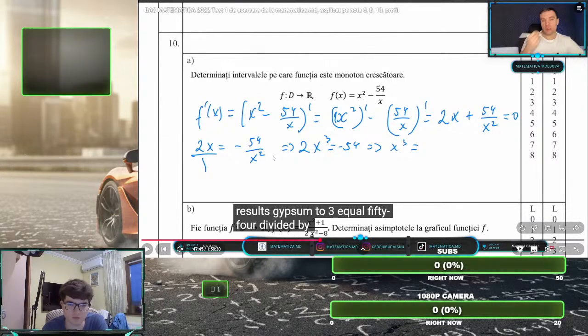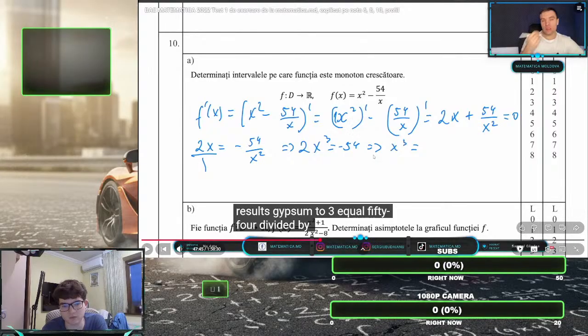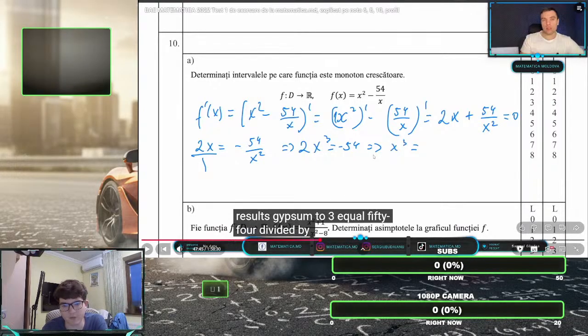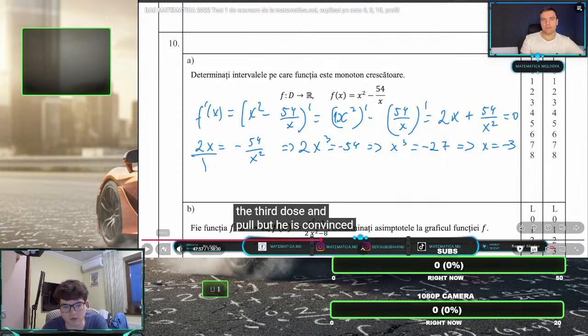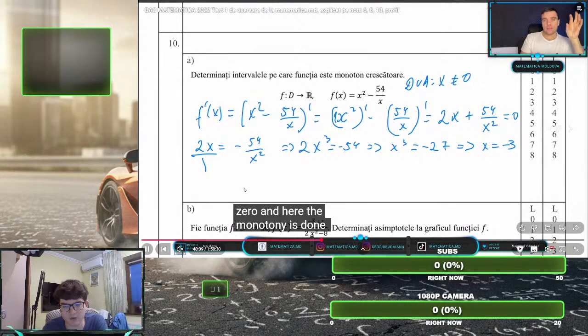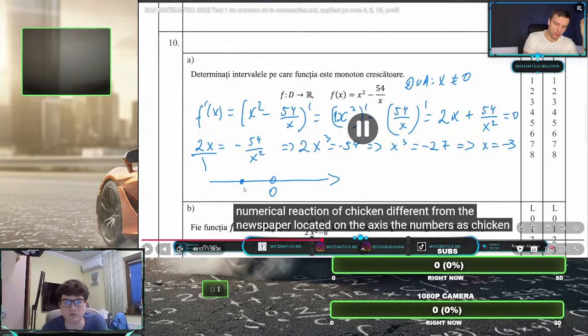Boom. X to the power 3 is going to be equal to minus 27, right? Yeah, so x is going to be minus 3, because minus 3 cubed is minus 27. Oh yeah, it's exactly that. But x cannot be 0.